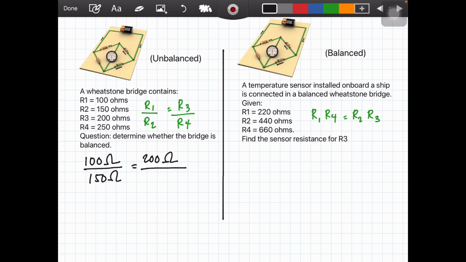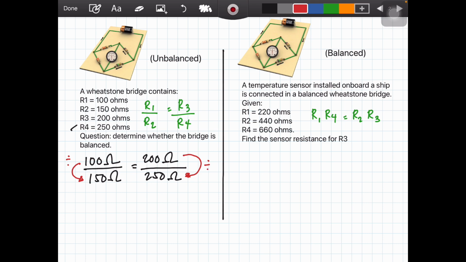What's the value of R4? You can see it there, 250 ohms. Then what do we do again? 100 ohms, we divide it by 150 ohms. And then 200 ohms, we divide it by 250 ohms.